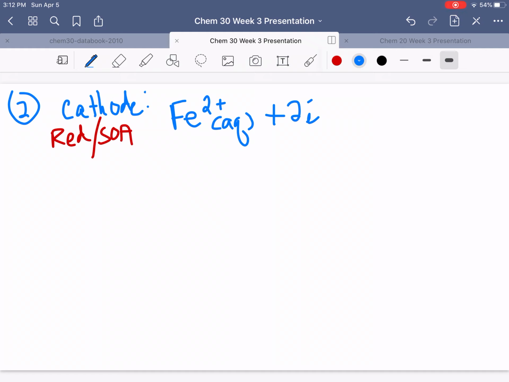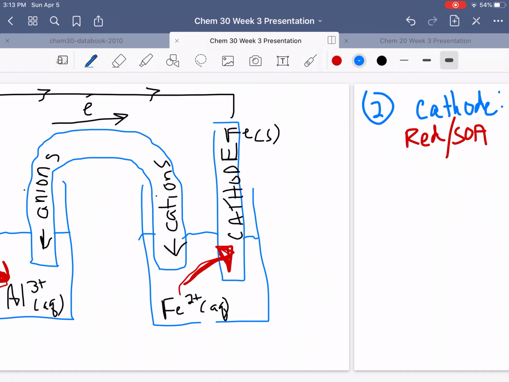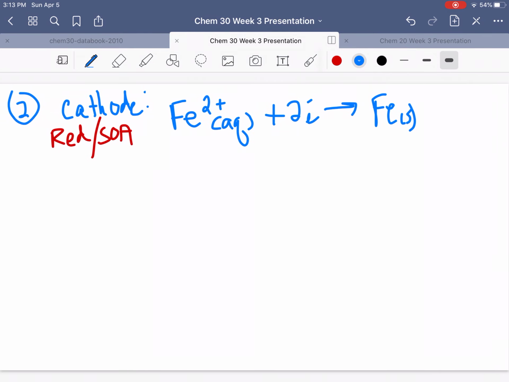It's reduction, which is going to turn it into Fe solid. Now remember what I said. You might find it easier to write this half reaction before you show how iron is moving from Fe2+ to Fe solid. That becomes a little more obvious in this half reaction now that you can see which one is going to which. Anyway, moving on to the anode.